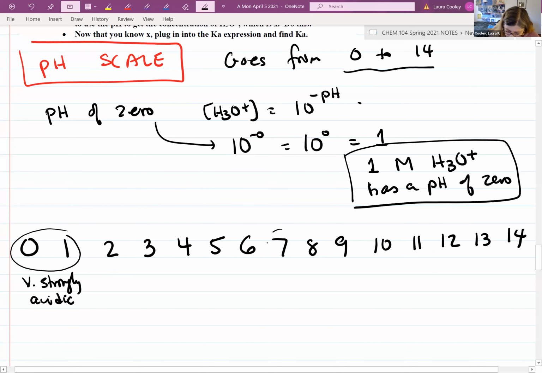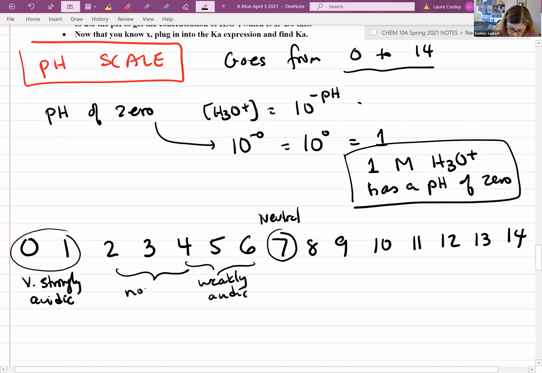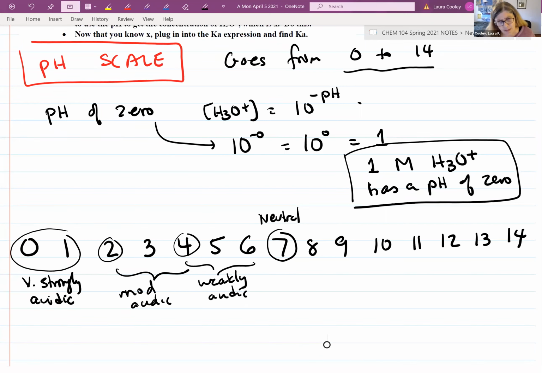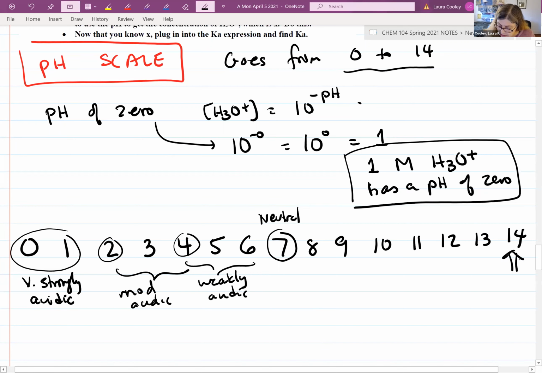We'll talk today about how pH 7 is neutral. This is sort of weakly acidic. This is sort of moderately acidic. Of course, 2 is stronger than 4. You might consider them both moderate, but anyway, let's continue with this. And although I haven't taught it in this class, we know that 14 is strongly basic.